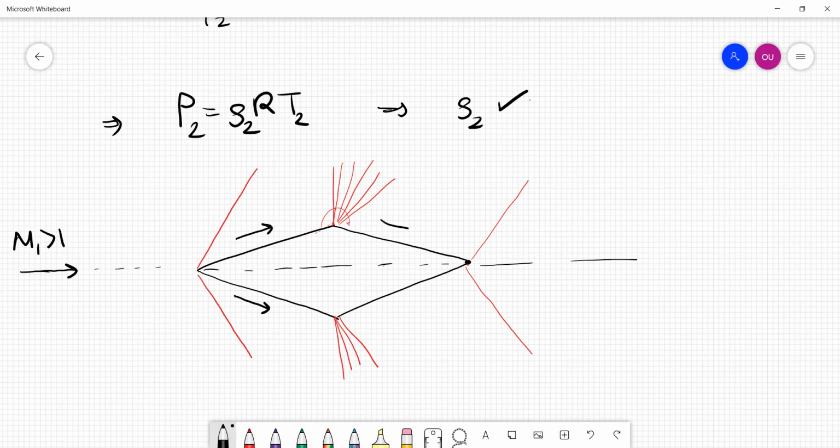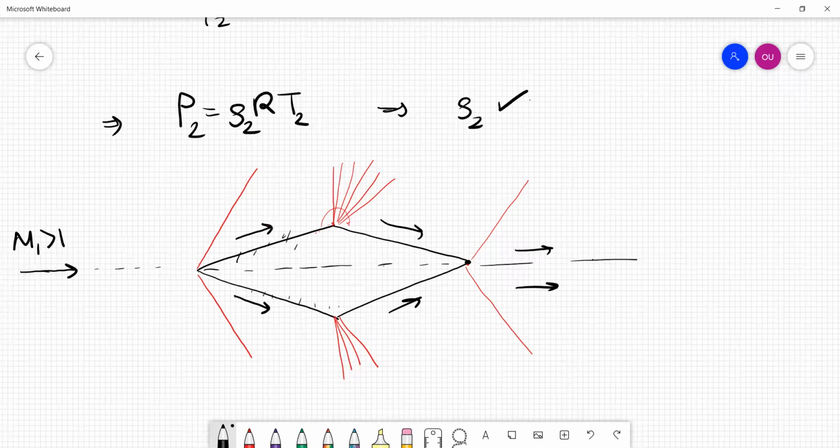So as the flow streamlines try to follow the geometry, they will have to go through, for example on the top side, first an oblique shock wave, then an expansion fan, and then another oblique shock wave, until they reach the downstream condition of this diamond shape.